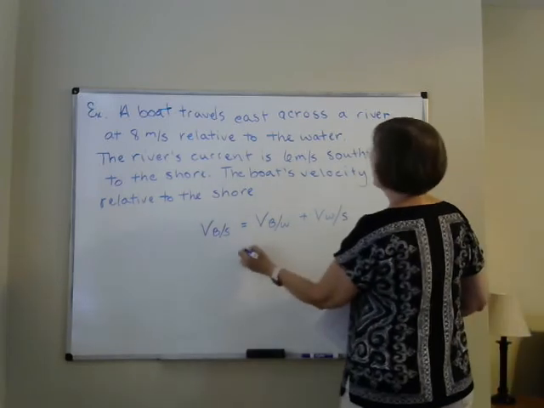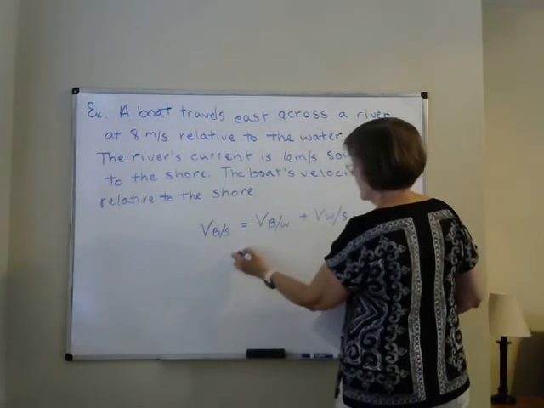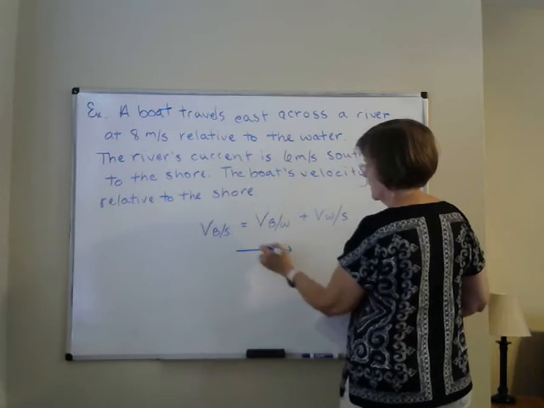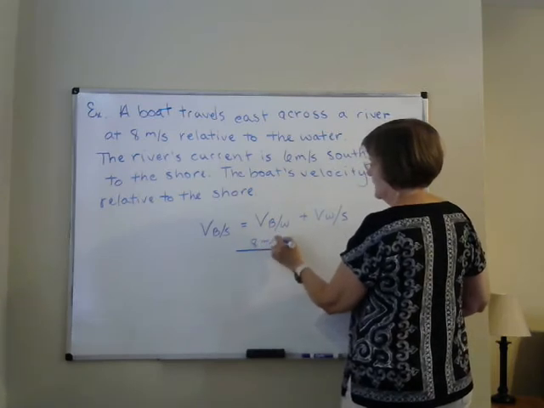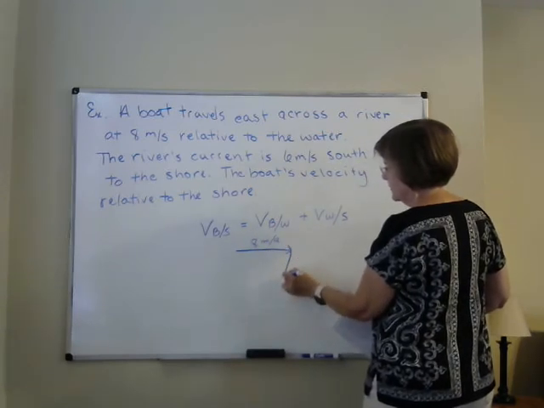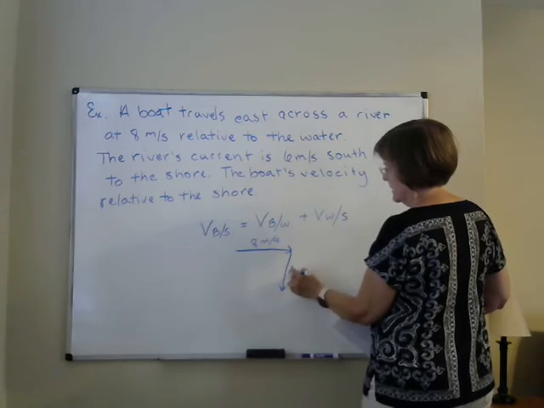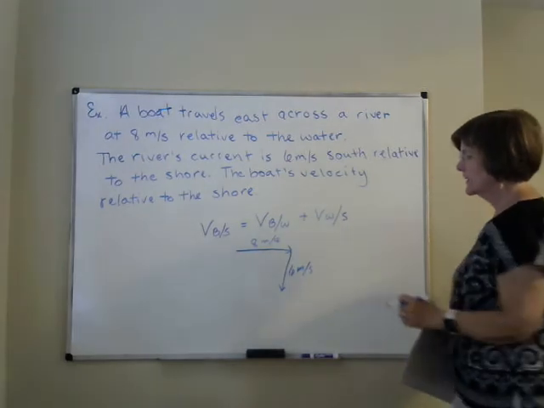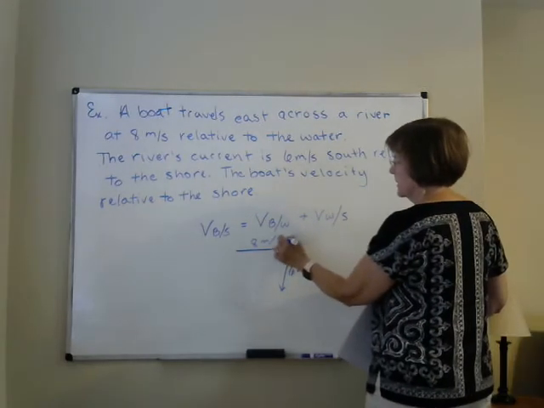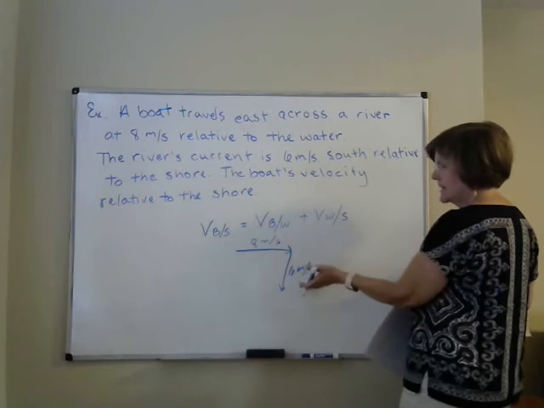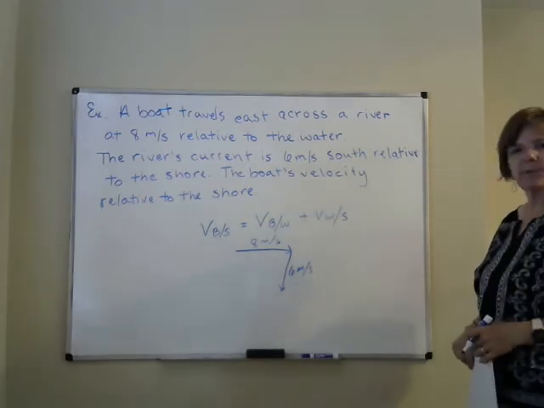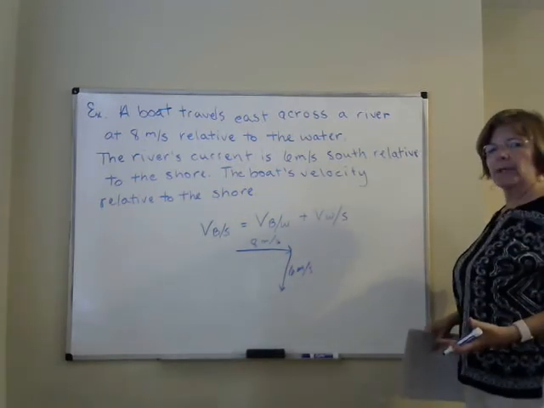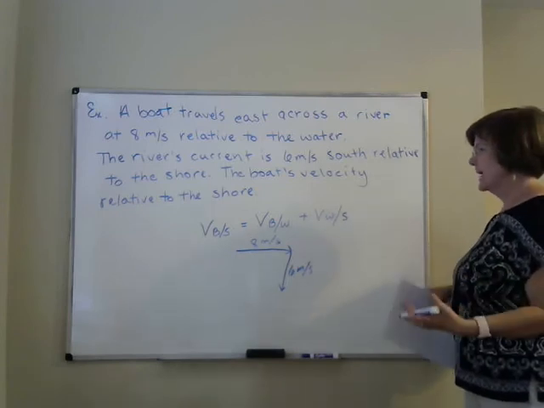This vector is 8 meters per second to the east, and this vector is 6 meters per second to the south. If we were thinking in terms of components, this is a positive 8. This is actually a negative 6 because it's pointing down. They would be perpendicular. All I have to do is add perpendicular vectors.